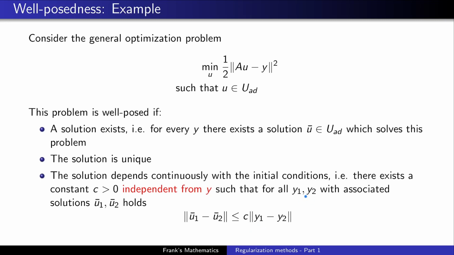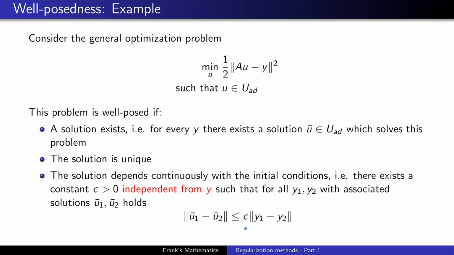But we want the constant C to be independent from Y. So this means that the solution depends continuously on the initial condition. Or put in other words, if Y2 is a small perturbation of our state Y1, the associated solution of the disturbed problem is not that far away from our solution U1.